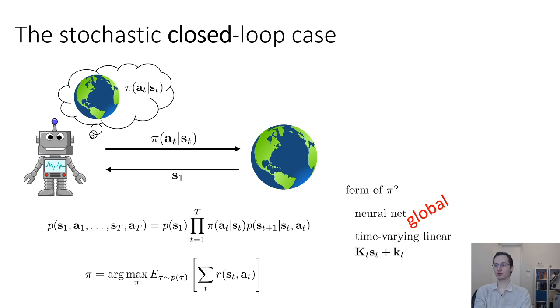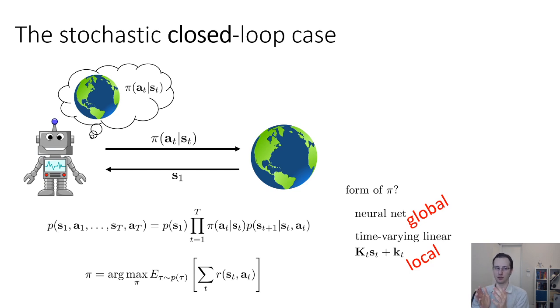But you could also imagine a very local policy. So you could look at the initial state S1 and say, well, I'm going to stay in a fairly narrow state region if I start from this state, so I could produce a kind of local policy, like for instance a time-varying linear policy. This is much more common in optimal control applications. For instance, if you are controlling a rocket to fly some trajectory. That is technically a stochastic setting because the rocket can deviate from the planned trajectory due to random perturbations in air currents, wind, and motor properties.